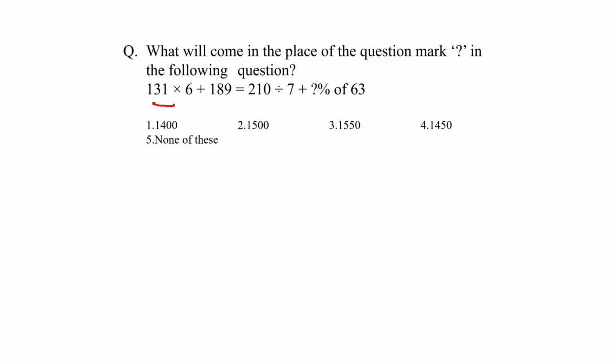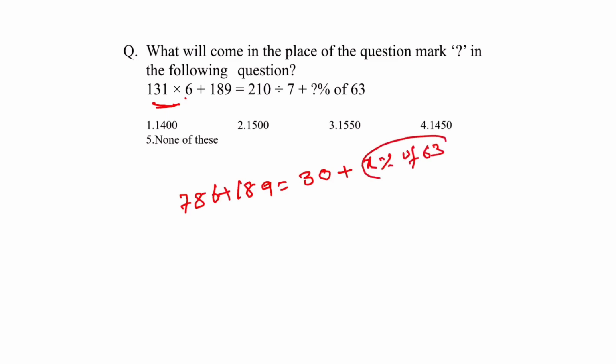131 into 6, 786 plus 189 is equal to 210 divided by 7 is 30 plus x% of 63. We'll take this one later.